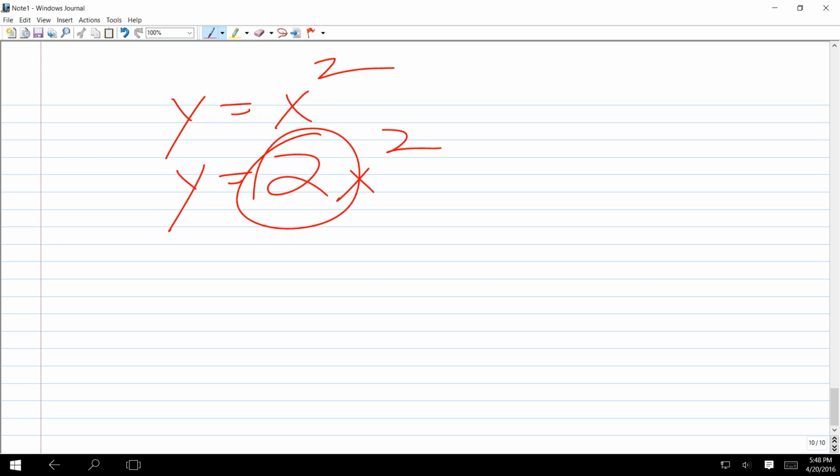The same way a is in the sinusoid function. And now I tell you y equals, let's do x minus 3 quantity squared. That's a horizontal shift, right? Same as a phase shift.